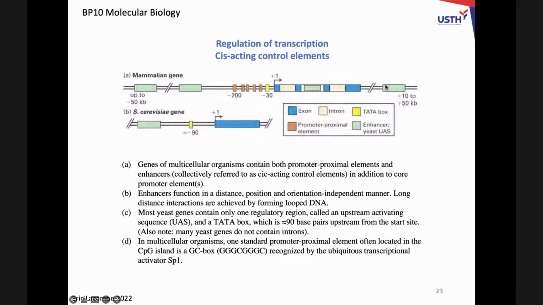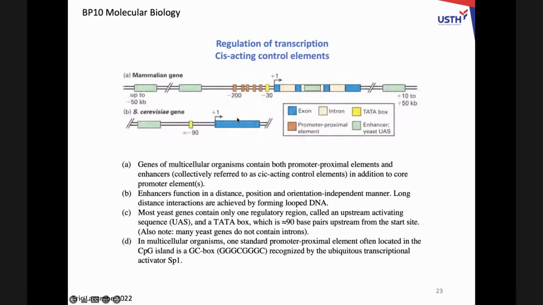This is just a drawing to show you the diversity of eukaryotic pol2 genes from mammals to the less evolved one, Saccharomyces.